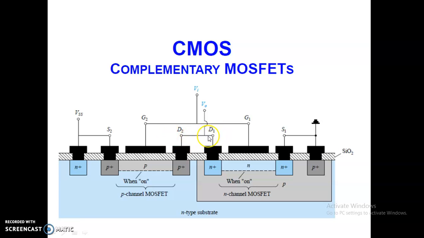The output is taken from the common drain point. The gates of both MOSFETs are connected together. Here you can see G1 and G2. Both gate terminals are connected to each other, and the input is applied to the common gate point. Here Vin is applied to the gate terminal, and the output voltage is taken from the common drain.